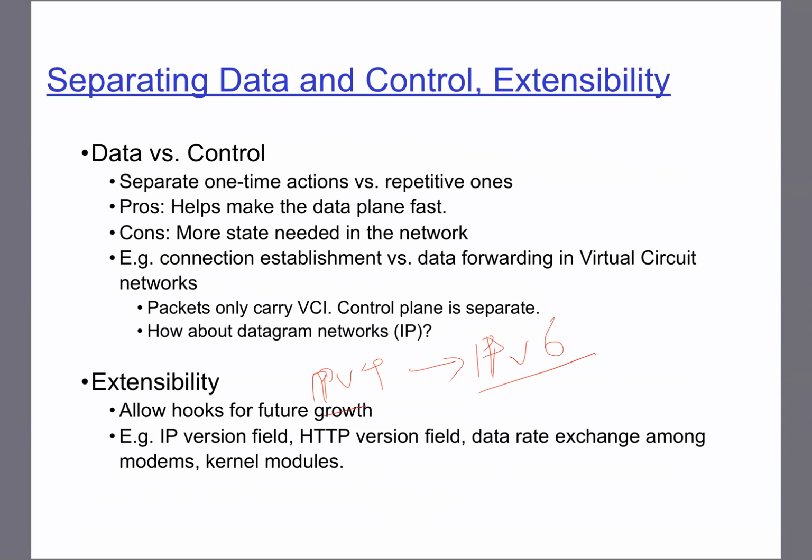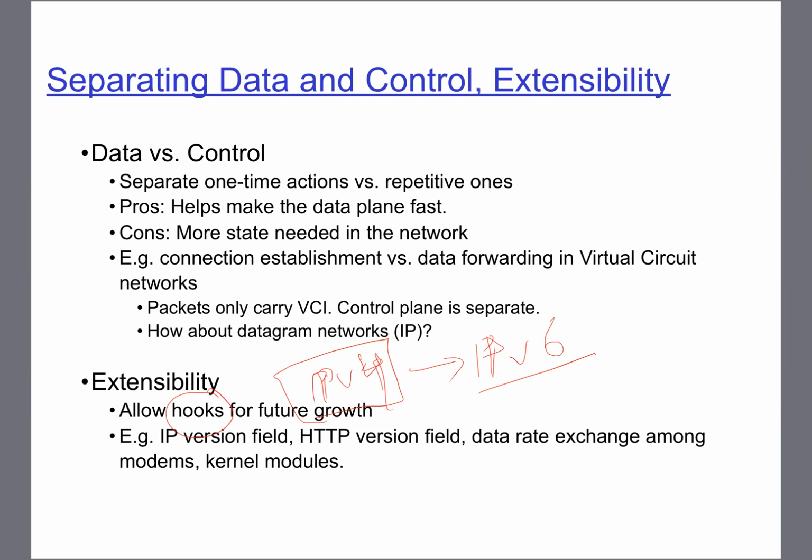But when people designed IP version 4, they didn't know what IPv6 would look like. They didn't even know what it would be called. So they left a tiny field in each packet header that would specify the version of the packet, right? They knew that in the future, if these protocols were redesigned, by looking at the version number you can know how to interpret the rest of the packet header. So that was an example of allowing a hook for future extensibility or future growth.